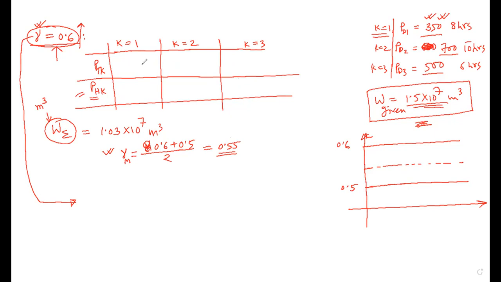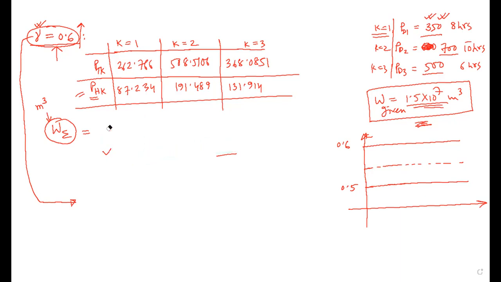The new values would be 87.234, 191.489, 131.914, and this one will be 262.766, 508.5106, 368.0851. In this case, the calculated W sum is 1.285 into 10 to the power 7.